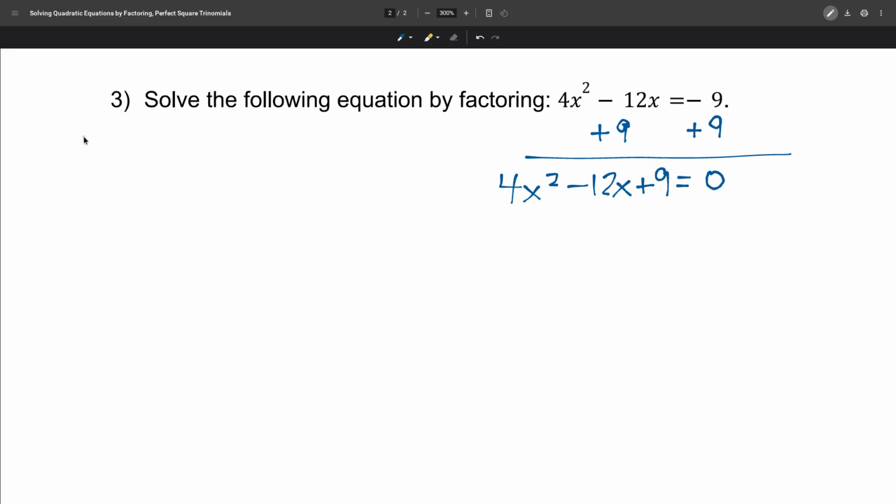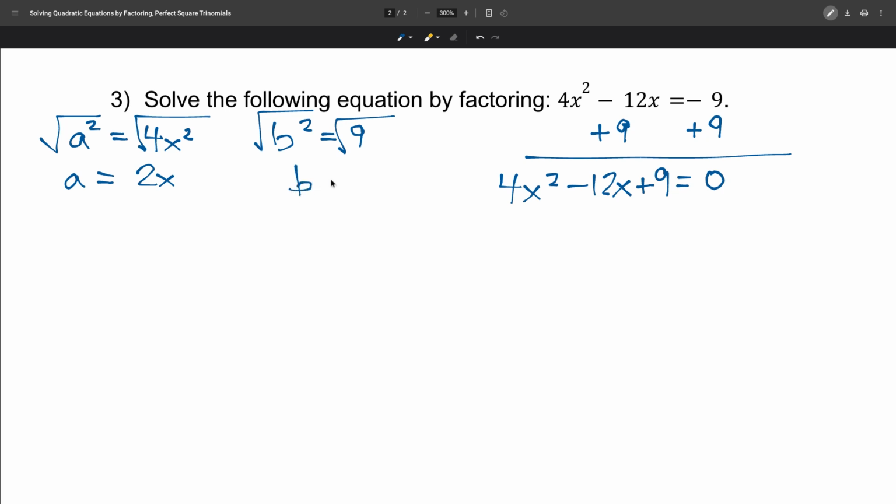All right, so if a squared equals 4x squared, take the square root of both sides, then a is going to equal 2x. If b squared equals 9, take the square root of both sides, we're going to get b is equal to 3.